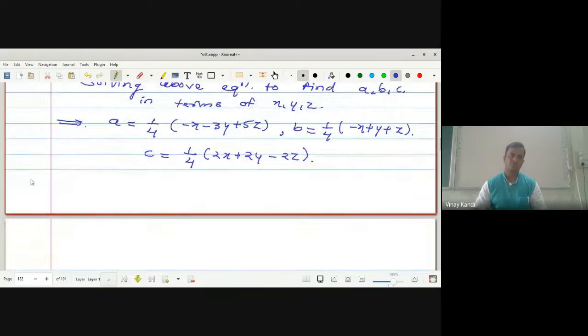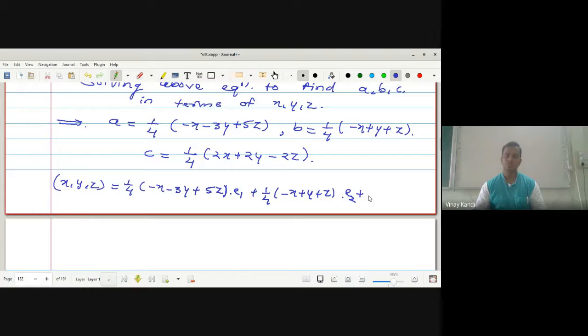Okay, so (x, y, z) is equal to the value of a, which is 1 by 4 into minus x minus 3y plus 5z, into E1, plus b, that is 1 by 4 into minus x plus y plus z, into E2, plus c, that is 1 by 4 into 2x plus 2y minus 2z, into E3.